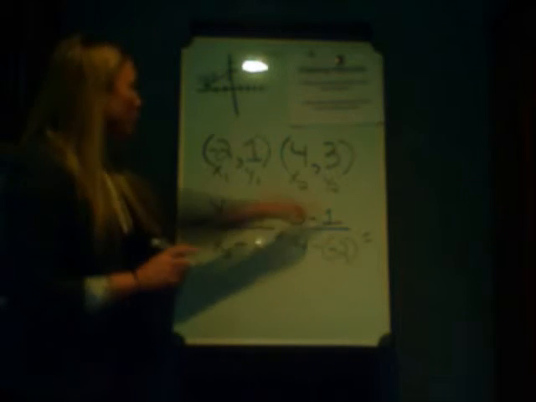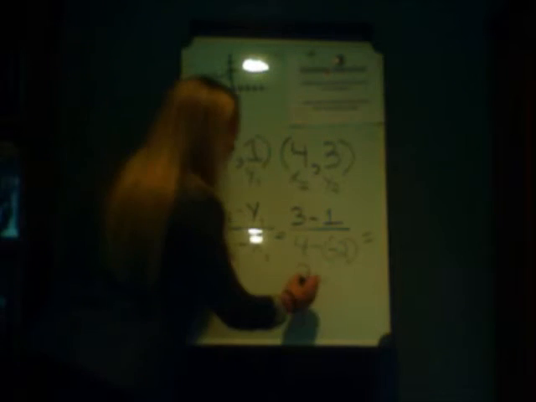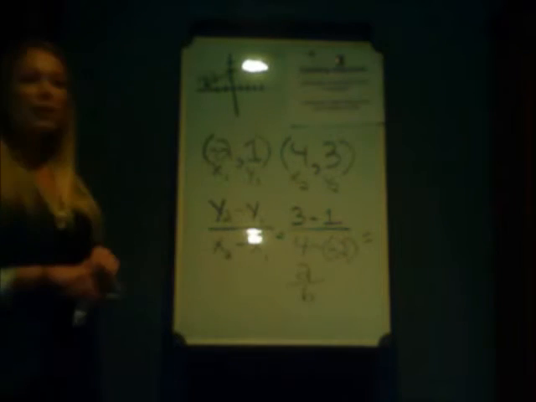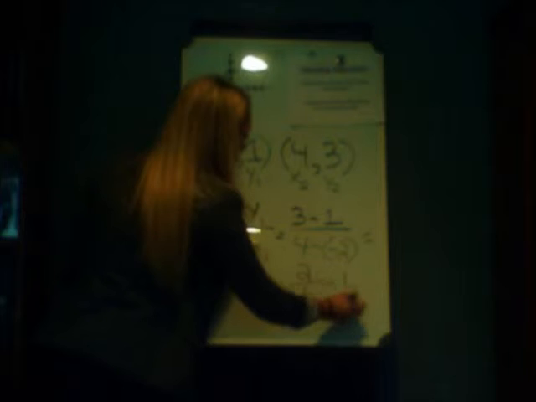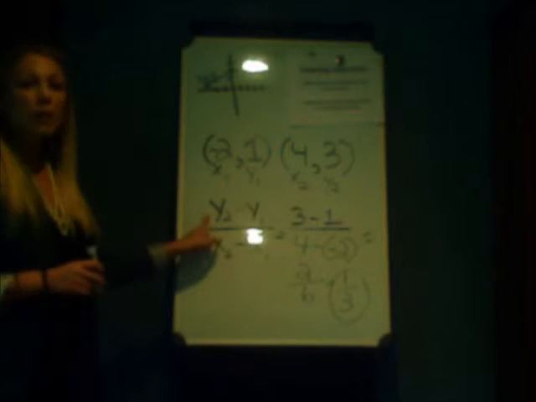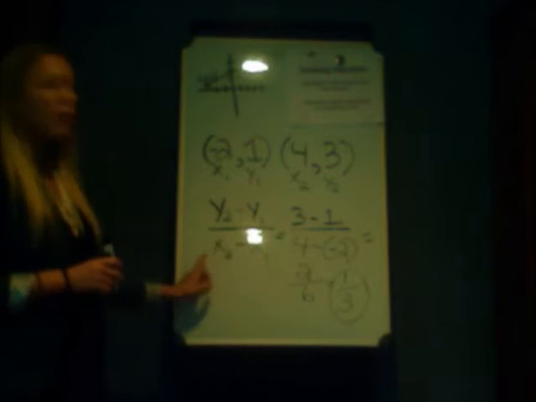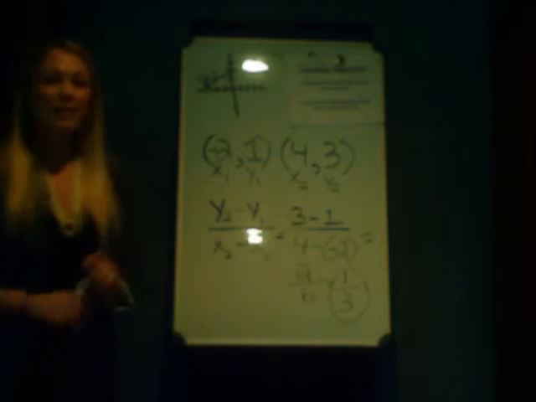So 3 minus 1 is 2, and 4 minus -2 is actually +6. 2 over 6 is the slope of this line. We can simplify this and make it 1/3. The slope of this line using the 2 points that are given in our formula of y2 minus y1 over x2 minus x1 is 1/3.